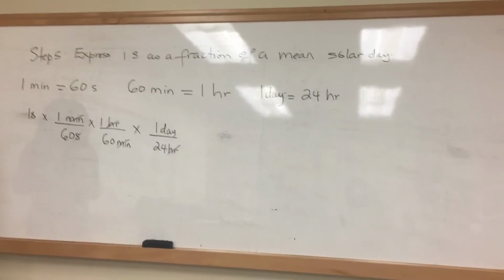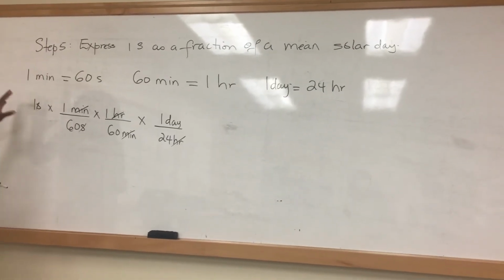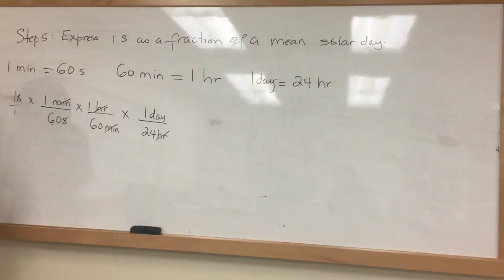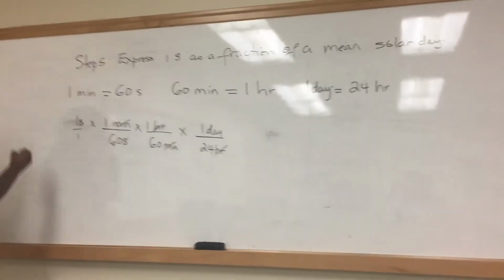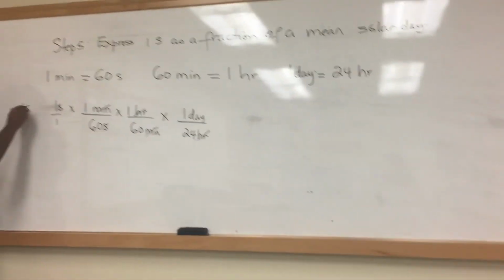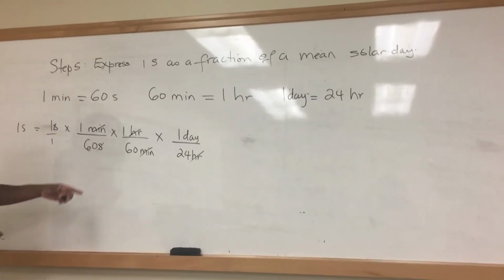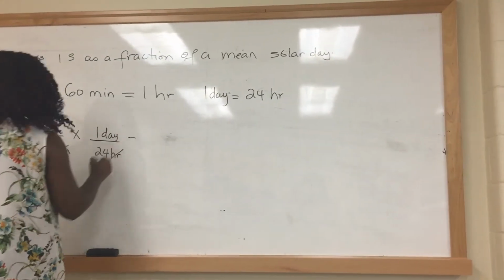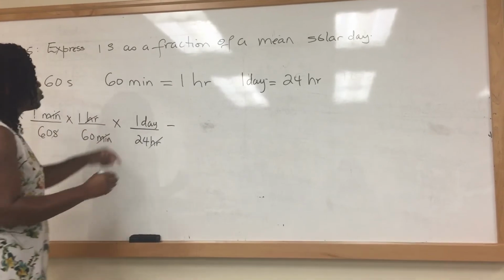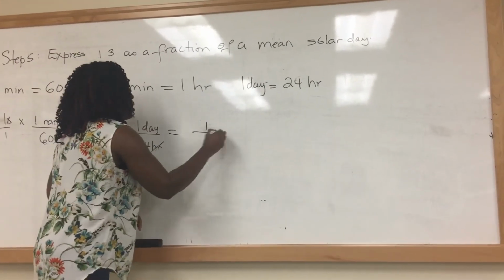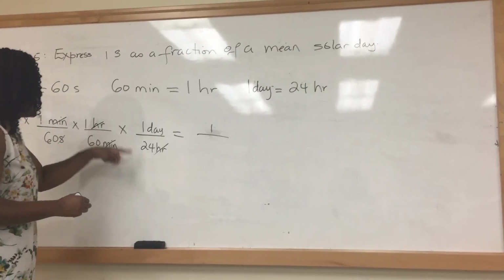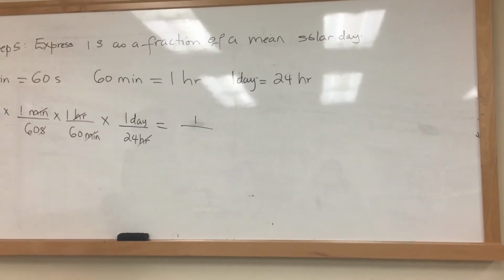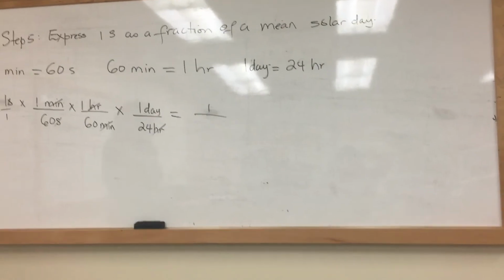Now we are going to multiply what's in the numerator and then divide by what's in the denominator. So now we can say 1 second is equal to, 1 times 1 times 1 times 1 is 1. And when we multiply 60 by 60 by 24, we get 86,400.